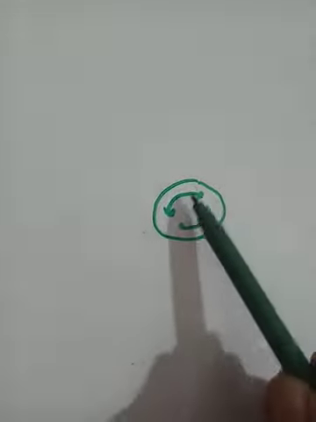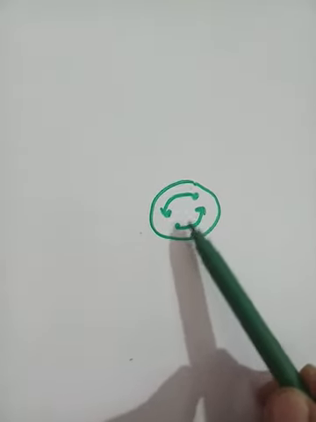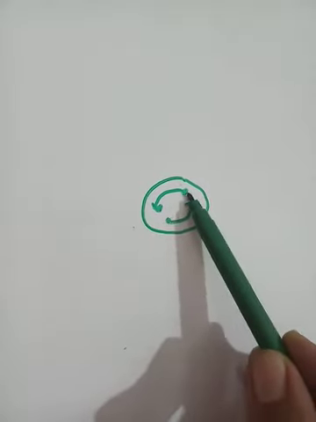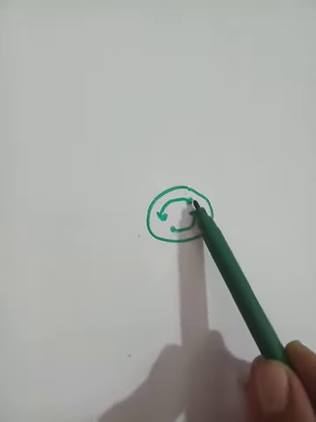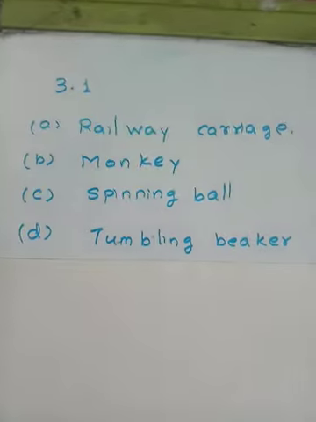Now just see, in this case there is a ball and I have marked 2 points. If the ball is doing rotational motion, then one point will go like this, other point will go like this. So at least 2 points have to be there. Now if any object is having 2 points, definitely it is not a point object. So a spinning ball cannot be a point object.